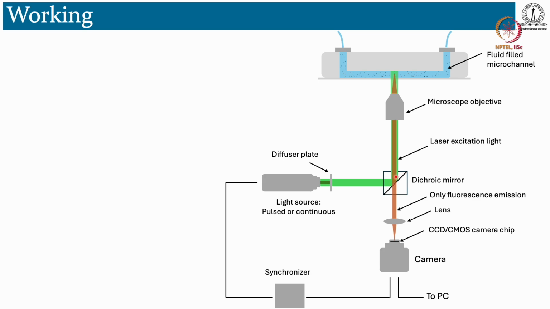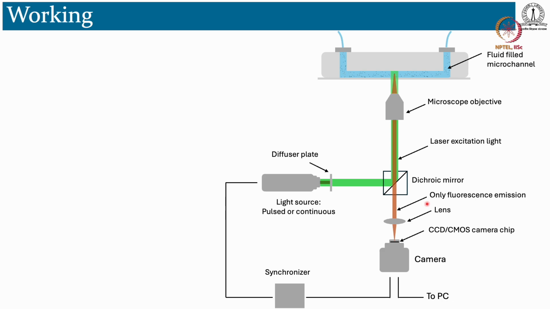Now this mirror is a special mirror, that is the dichroic mirror. A dichroic mirror has different properties for different kinds of wavelength. So mostly they are used for filtering and splitting or combining of lights, and here it is actually filtering, and it is not reflecting this emitted light, but it is actually letting it pass through it.